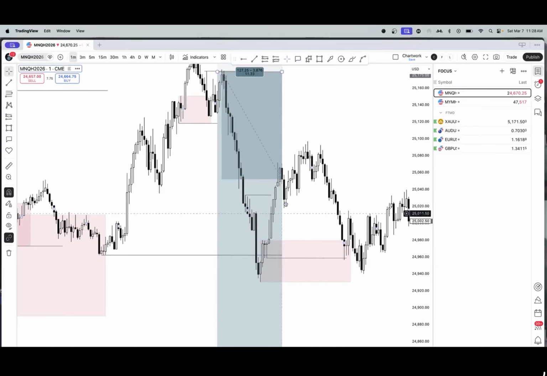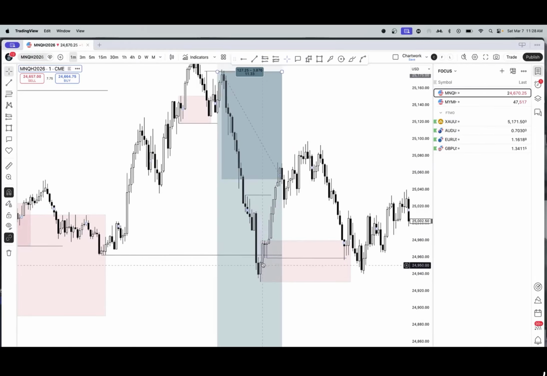Yes, because it just induced sellers, but we're still respecting this area. So I'm not going to say that this is an area that I want to be trading from, but I also don't want to be trading from this area as well. I do not want to be taking a sell from this area because we just took that on the turning point, respected this area.